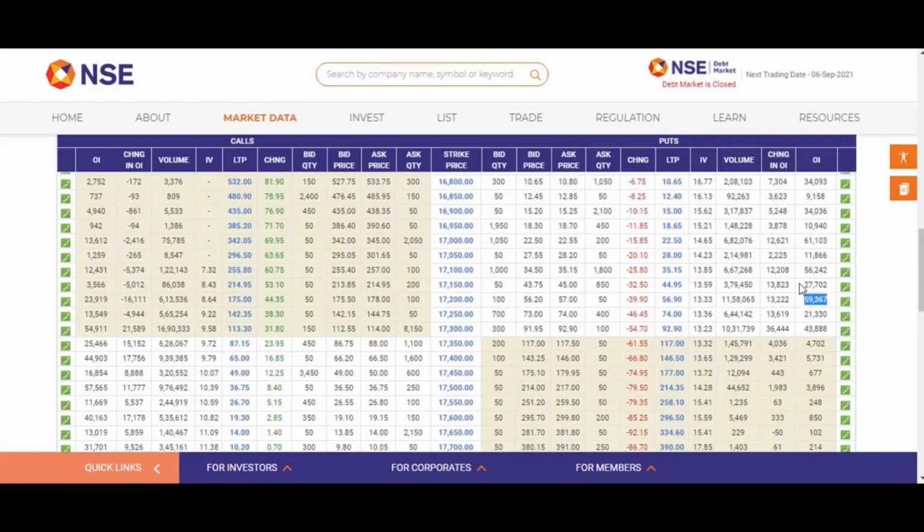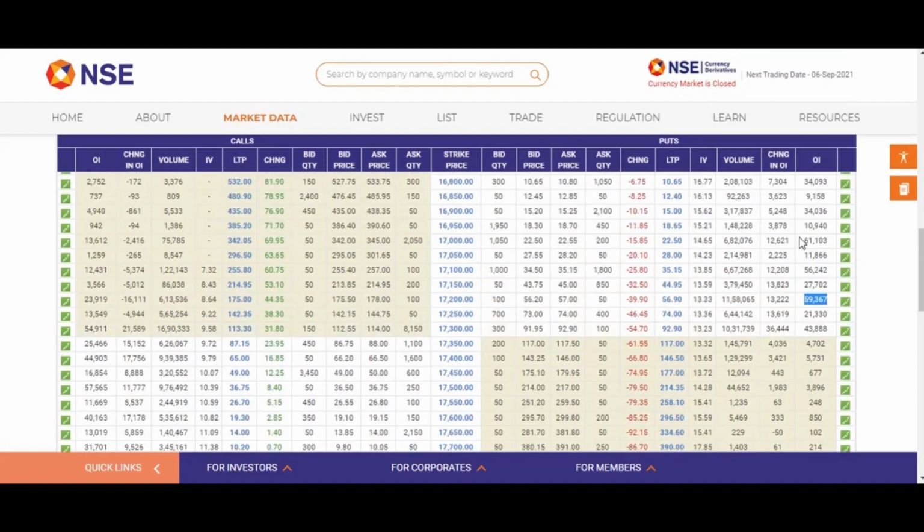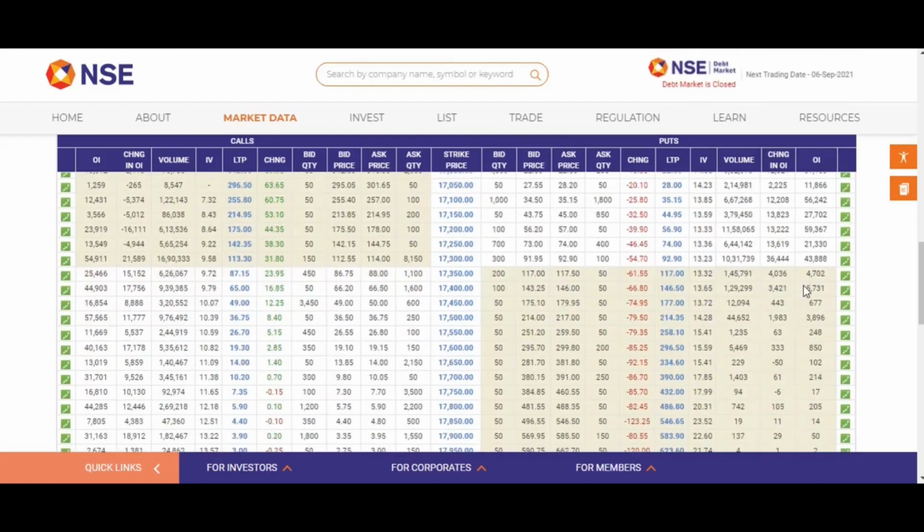Which means if you compare these columns and you find that one particular column is having more OI than the other, then you have to understand that these sellers are selling that side. Meaning right now the puts are getting sold by these option sellers more than calls. So these option sellers are currently optimistic on markets.